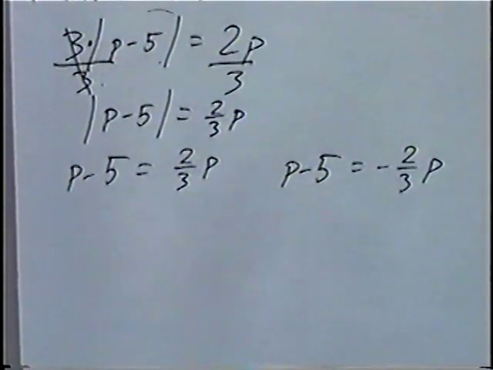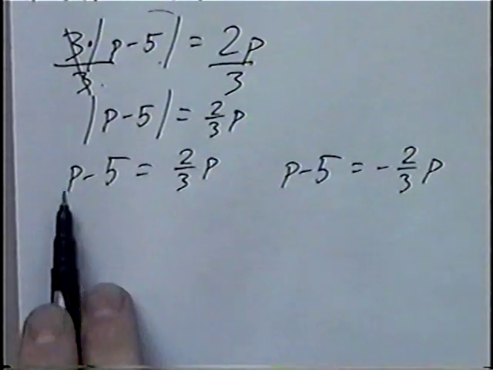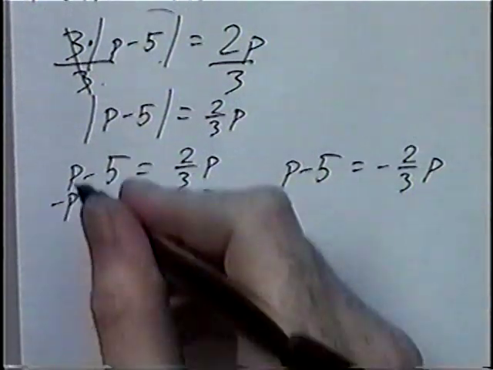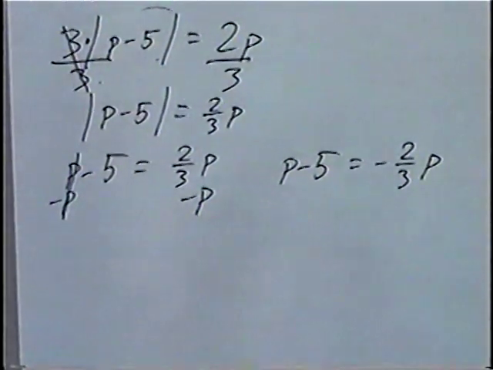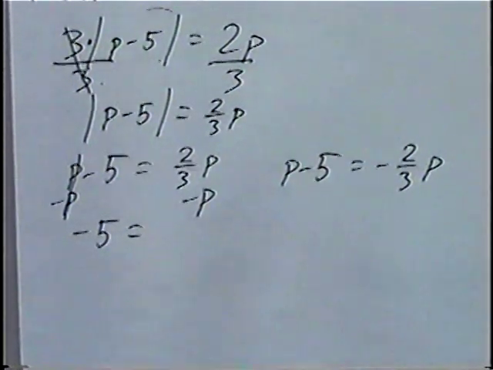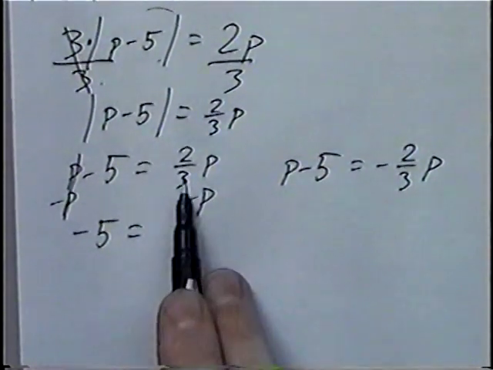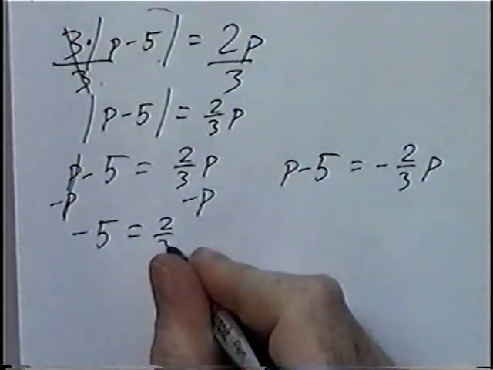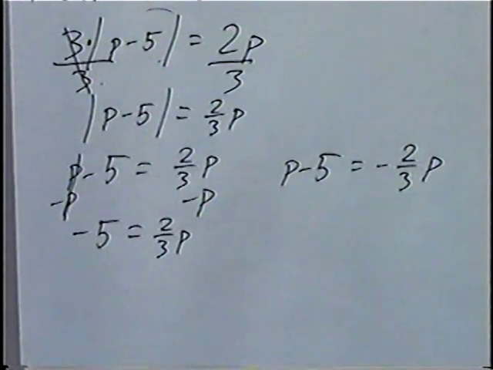Solving the original equation, we can subtract p on both sides. That way the variables all go to the right hand side. Negative 5 would stay the same. 2/3 p minus 1p. You can get common denominators on those. 2/3 p would stay the same.